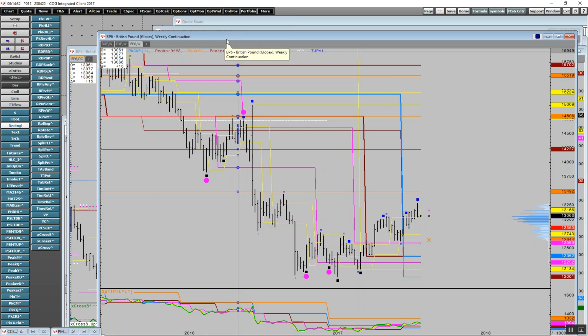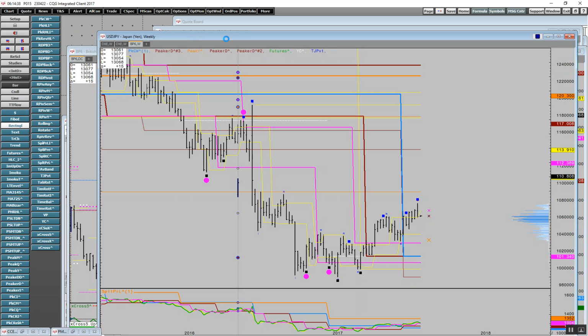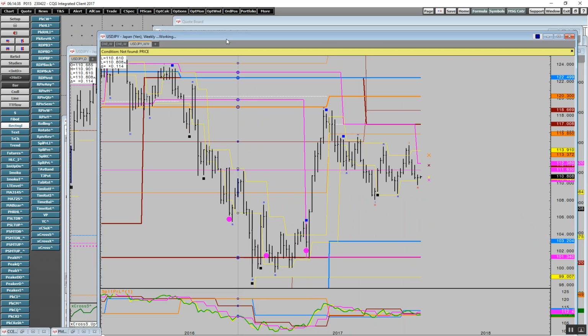What other markets are there? Finally, have a quick look at the US dollar yen. Very choppy, not a great market to be trading. You've got a lot of the higher time frames compressing, making yen and to a similar extent gold quite choppy.